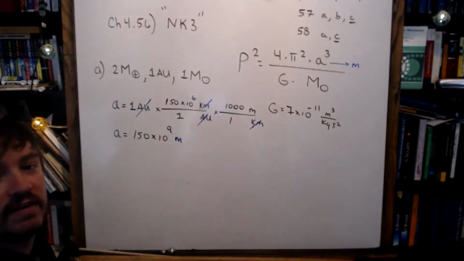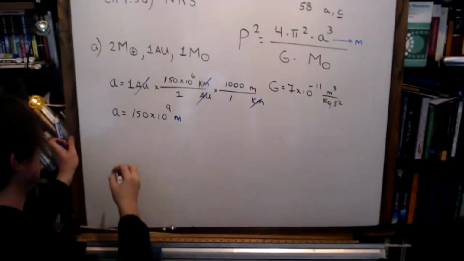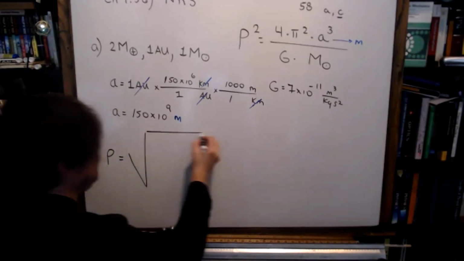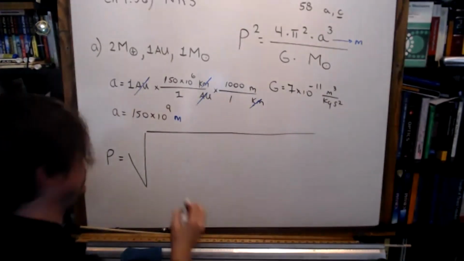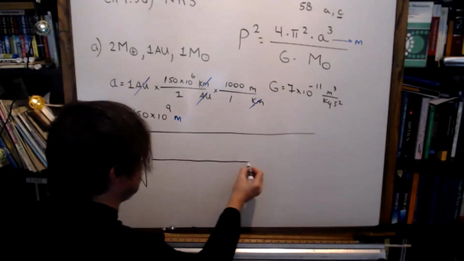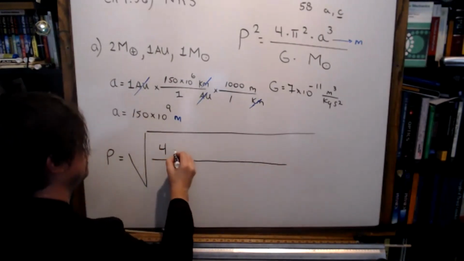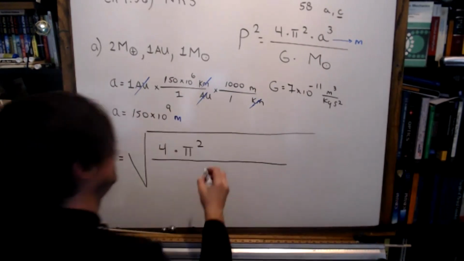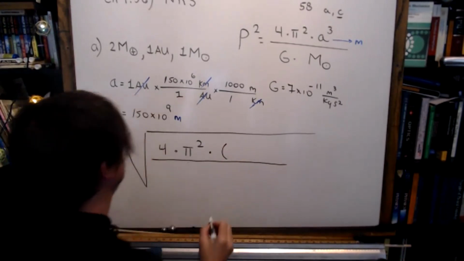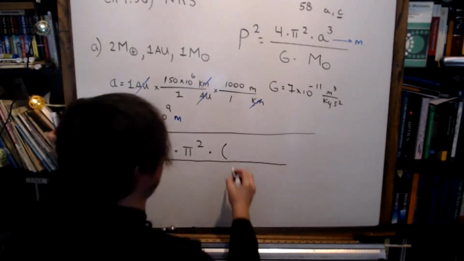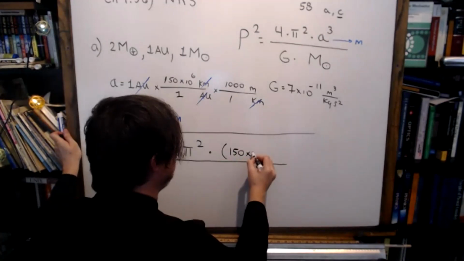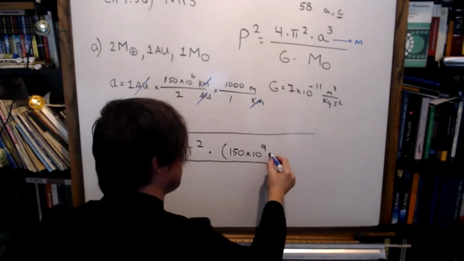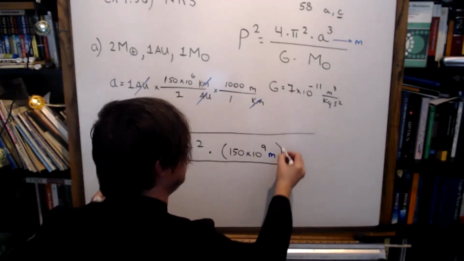So follow me here. This is going to be a little intense your first time around. So P is equal to the nice, big, neat square root. Make sure it's a big square root, because we're going to need to put a fraction bar inside of it. So 4 times pi squared times, I want you to watch how I write this. Now we're going to put in the A here. 150 billion meters, and that's cubed.